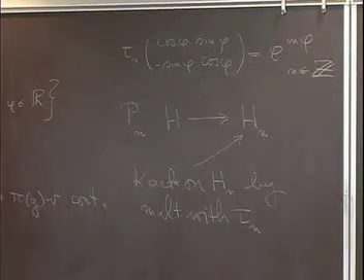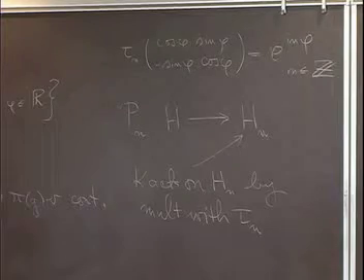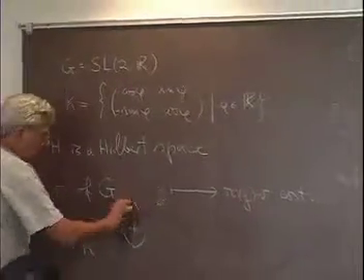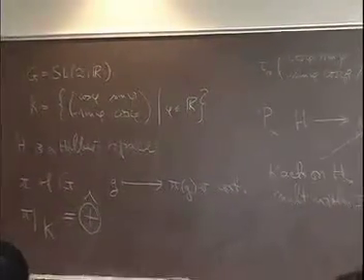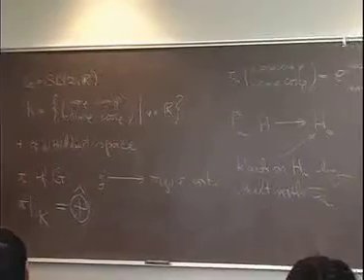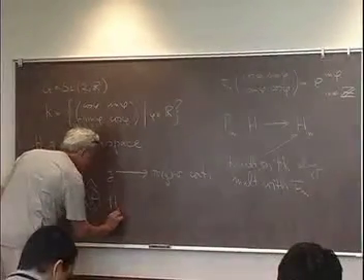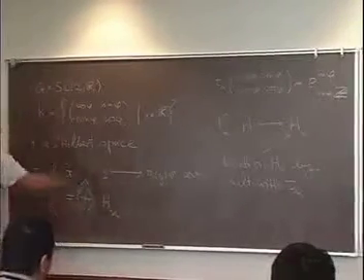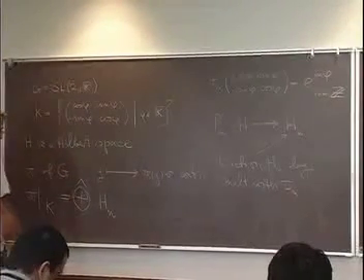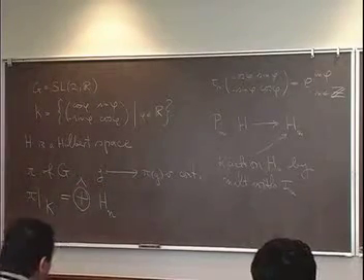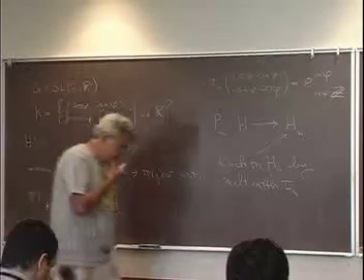So basically, our representation pi decomposes into a Hilbert space orthogonal sum of these subspaces H_n parameterized by integers, and on each space, the group K acts by this irreducible representation.